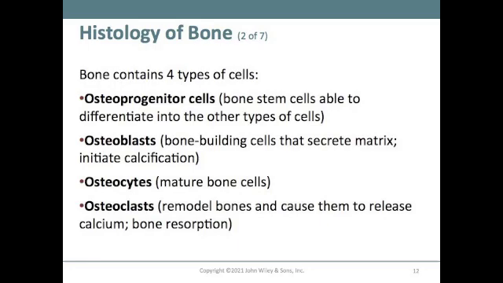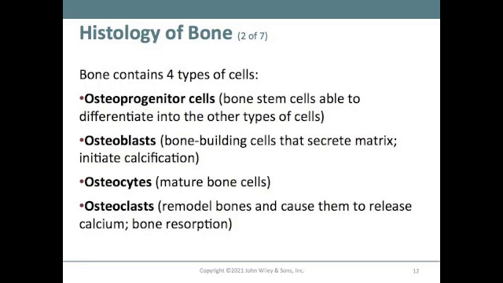And at some point in your development, they differentiate into nervous cells or cardiac muscle, whatever the case may be. So these are just like the raw bone cells that may be able to differentiate into these other types of cells, which are the osteoblasts, the bone-building cells that secrete the matrix and initiate calcification, and the osteocytes, which are mature bone cells, and osteoclasts, which remodel bones and cause them to release calcium, and they also help with bone resorption.